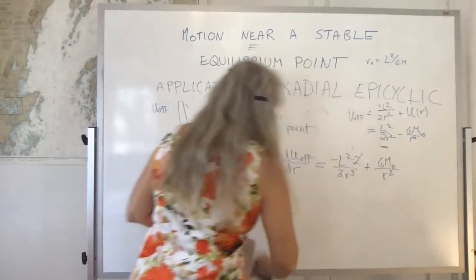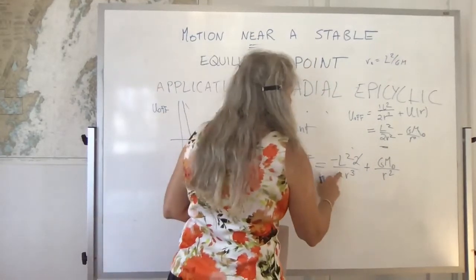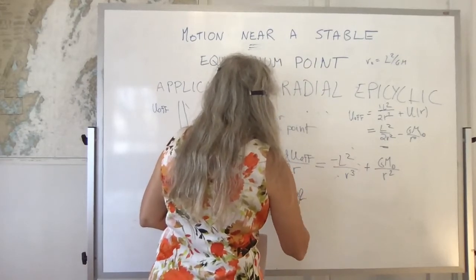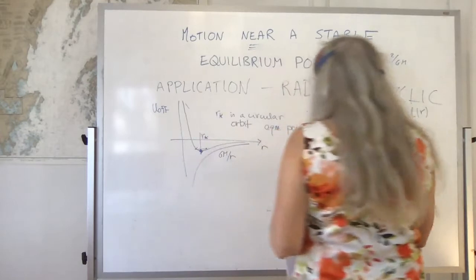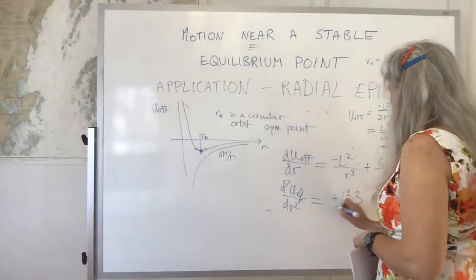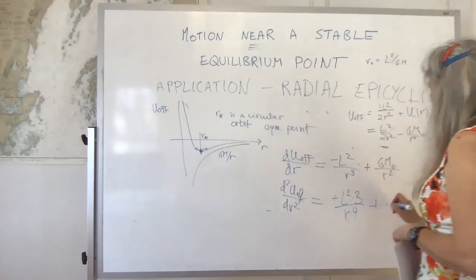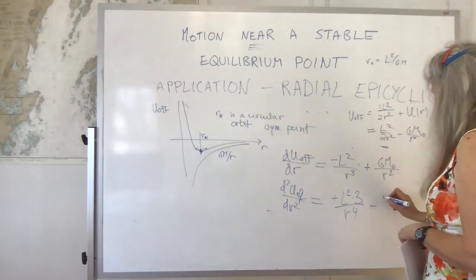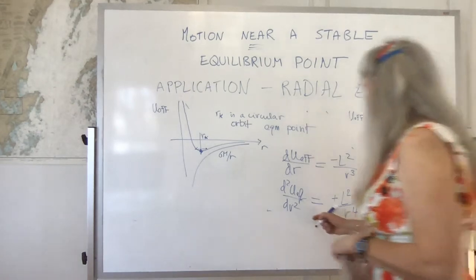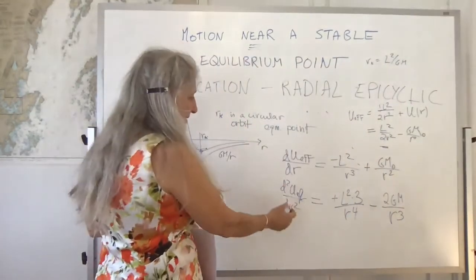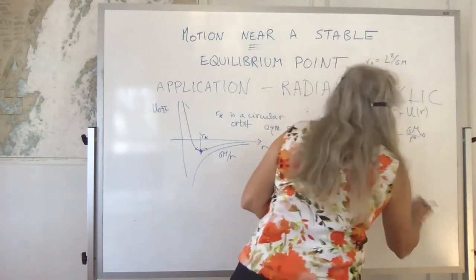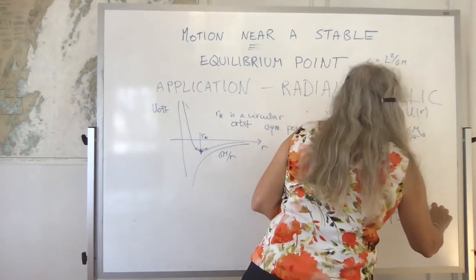Now let's take the second derivative. d squared U effective d r squared is equal to plus L squared times 3 over r to the 4th minus 2 GM over r cubed. And we set this to be our spring constant. Let's just call it K.